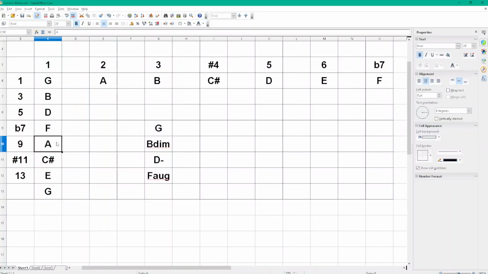If we continue, now we have A, C sharp, and E. Now, from an A perspective, C sharp is a major third, and E is the fifth. So what we're looking at is an A major triad. And this is interesting because it is literally only looking at the upper structure.